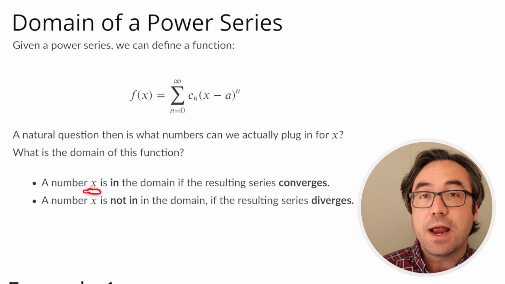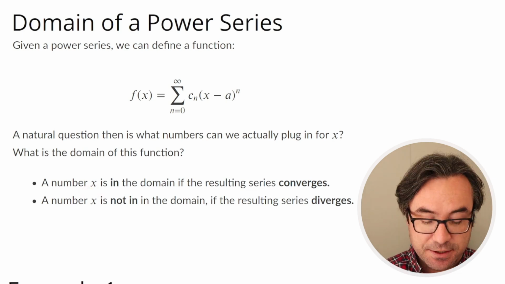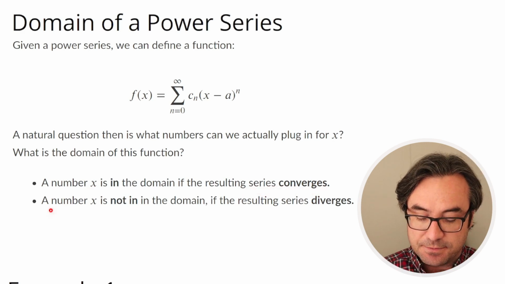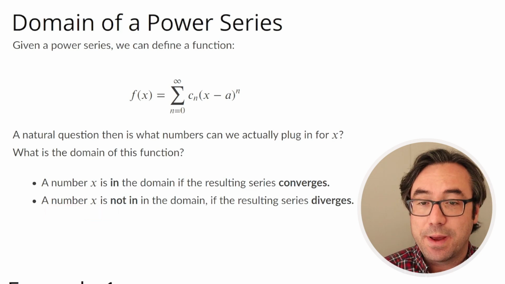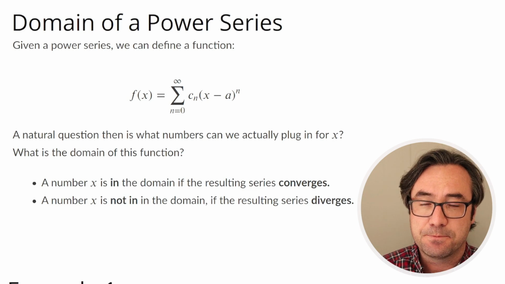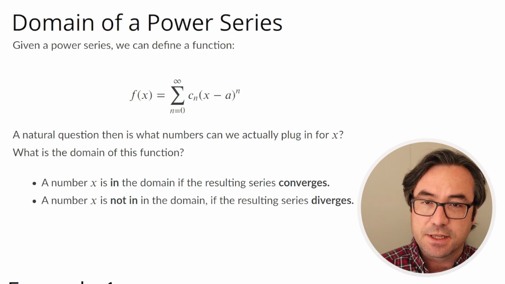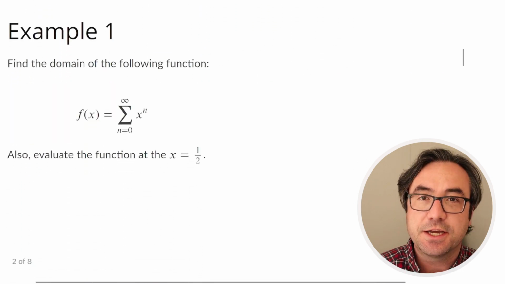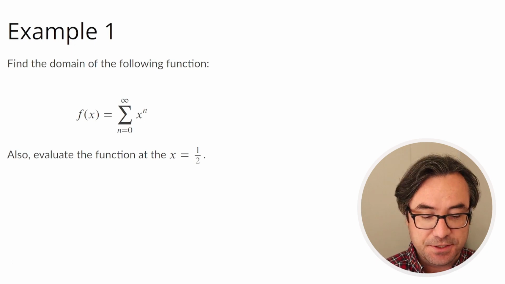So we say that a number x is in the domain of this function if the resulting series converges, and a number x is not in the domain if the series diverges when we plug in that x value. So to give a little example, we're going to look at example 1 here. So a nice simple power series.